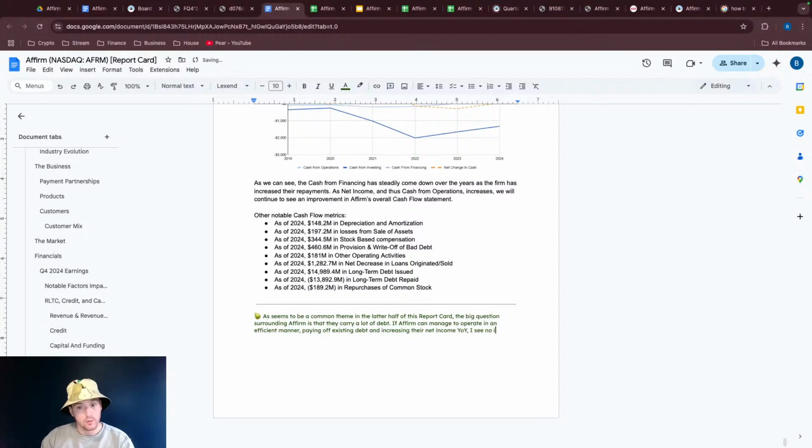I see no issue with them turning their statement of cash flows around and slowly building up a, what's it called when you have, let's just say, an abundance of dormant cash. All right.